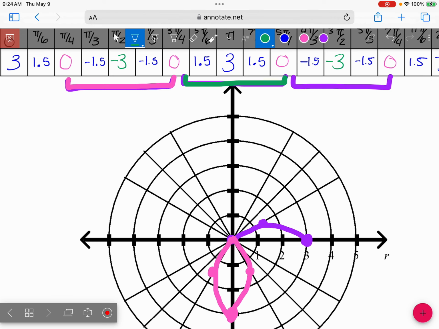So then we're at our 5 pi over 6, and we're at positive 1.5, which is here. Got our pi, which is 3. And our 7 pi over 6, which is 1.5, to our 5 pi over 4 as 0. So we have this petal.